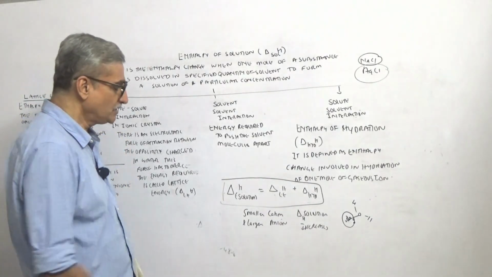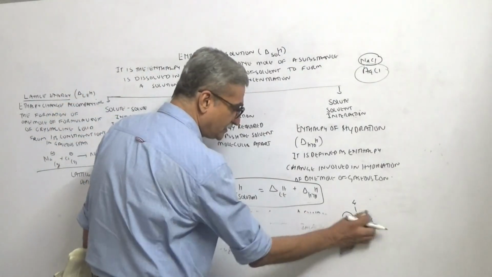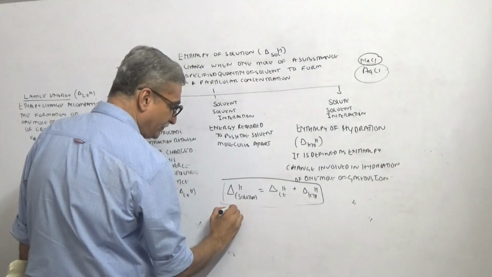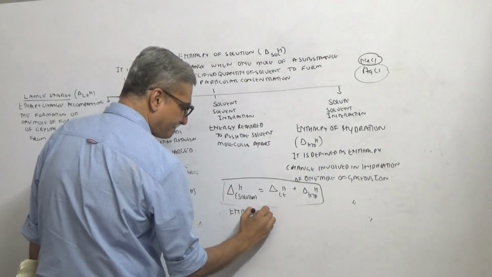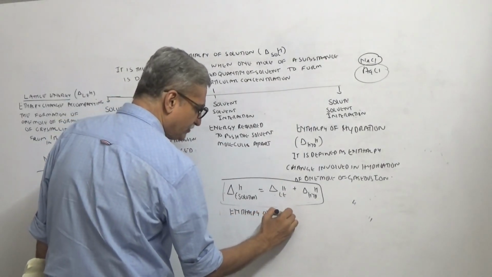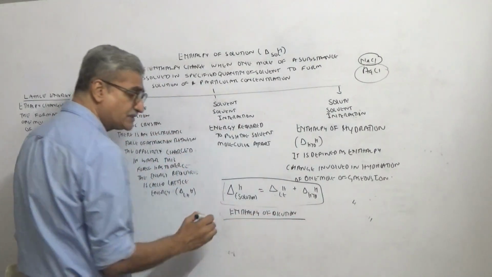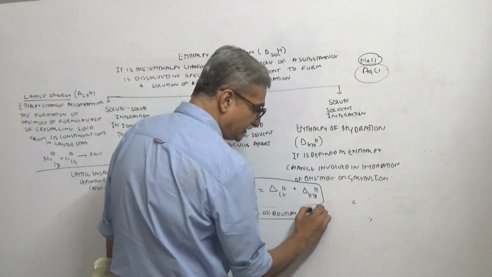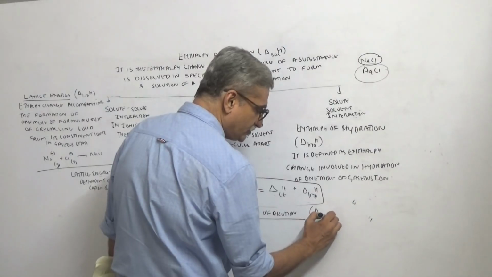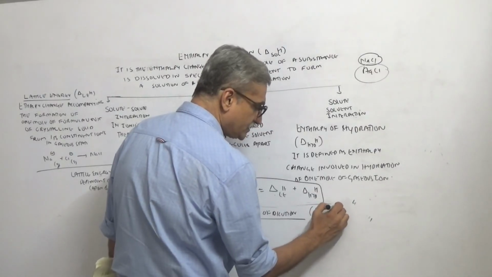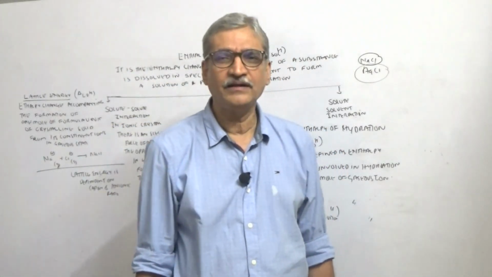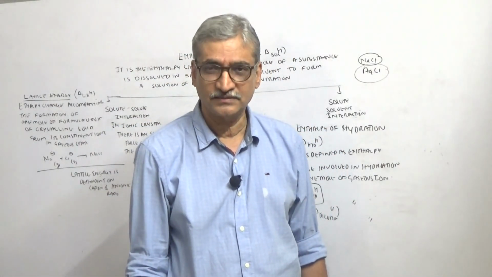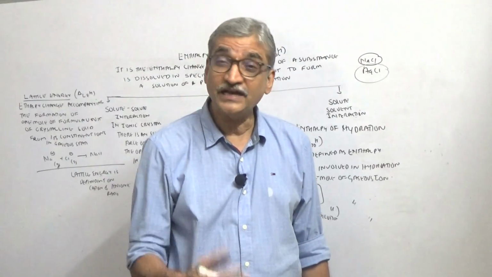Okay. So this was about enthalpy of solution. There is one more thing called enthalpy of dilution. In some cases, this can be a very large value, delta dilution H. Just imagine if you take sulfuric acid and add it to water, it's highly exothermic.